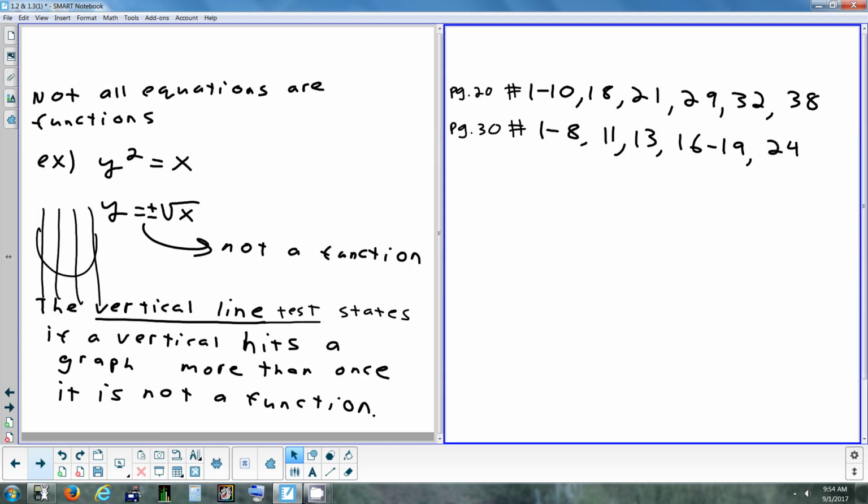On page 20, it's 1 through 10, 18, 21, 29, 32, 38. And then on page 30, there's a lot of looking at pictures and just saying, is it a function? Yes, no, that kind of stuff. So it's page 30, 1 through 8, 11, 13, 16 through 19, and 24.